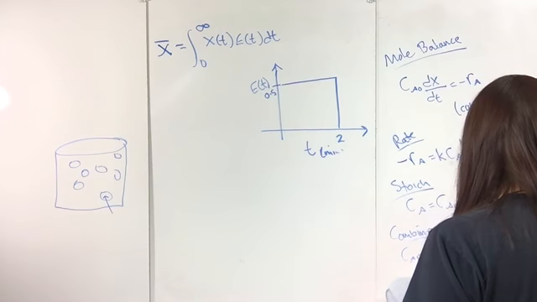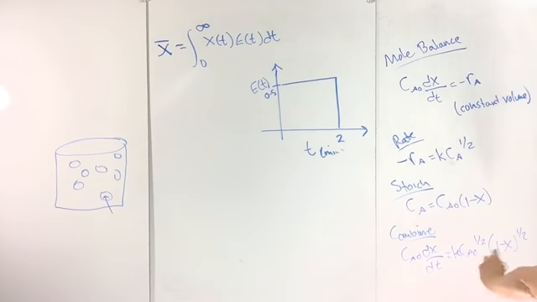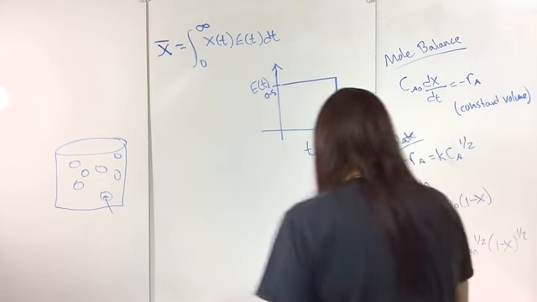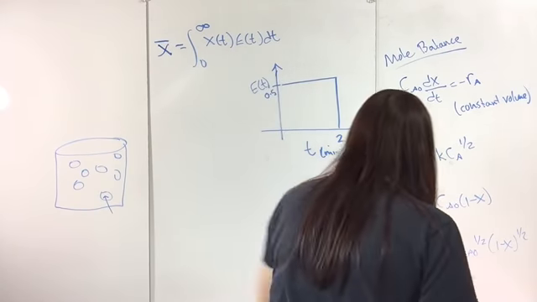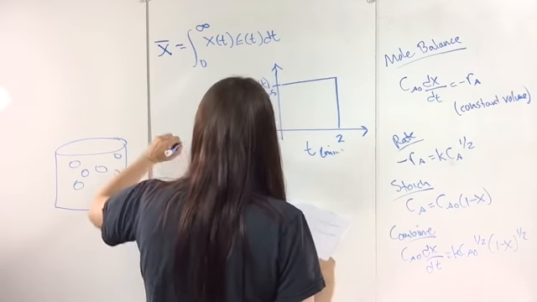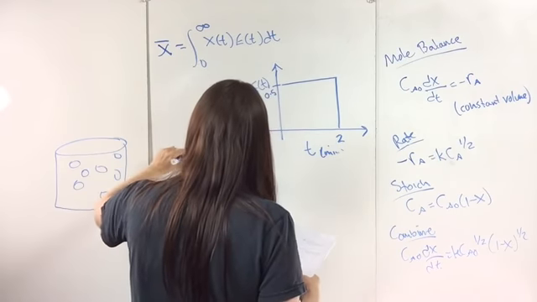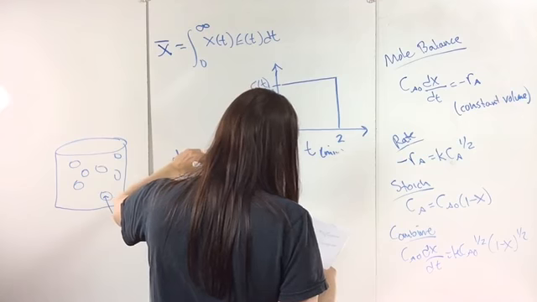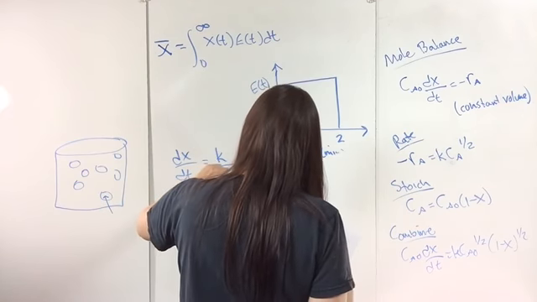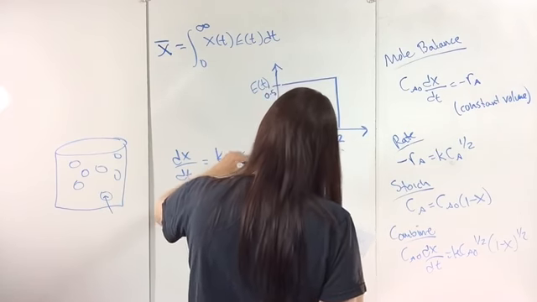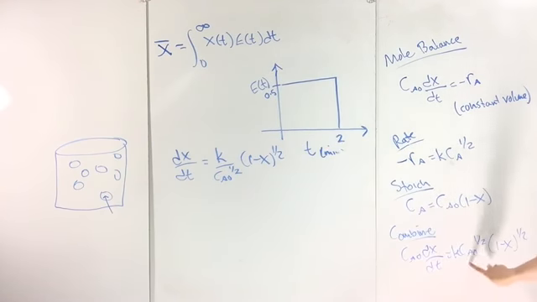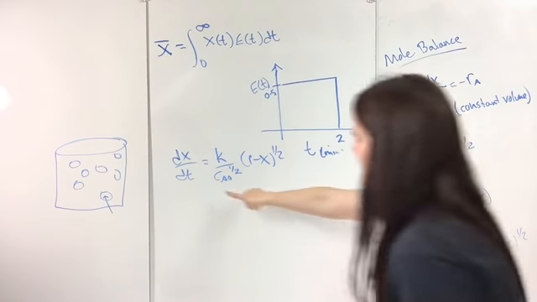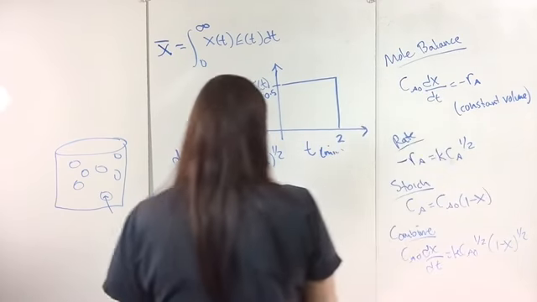So, all right, I want to separate and integrate this, and so let's see, where am I at? I'm going to divide the Ca naught over. So if I do that, I get dx dt is equal to k Ca naught to the 1/2, 1 minus x to the 1/2, because when I divided this over, I have Ca naught to the 1/2 divided by Ca naught, so that's 1 over Ca naught to the 1/2.